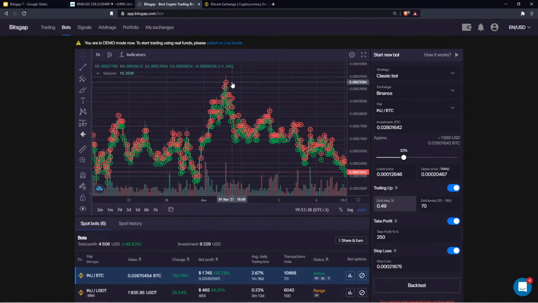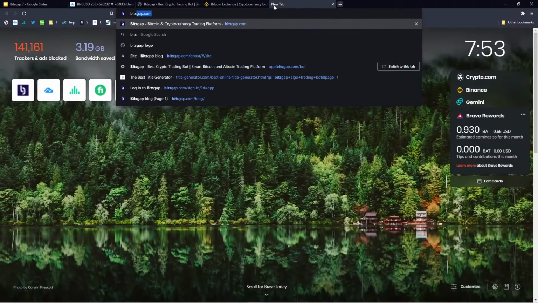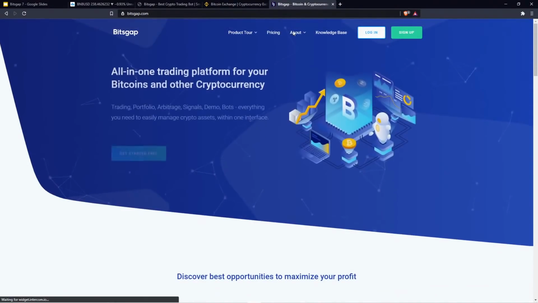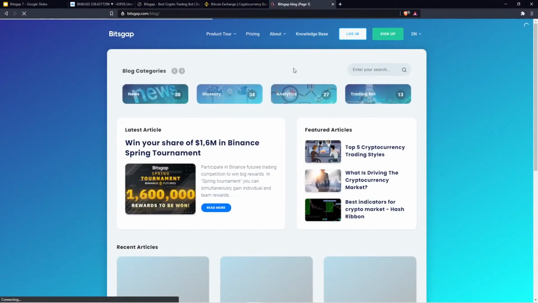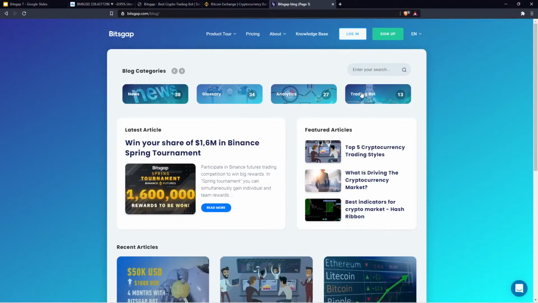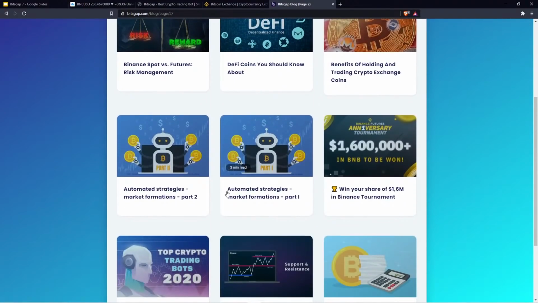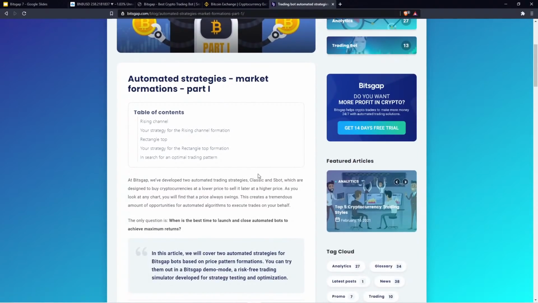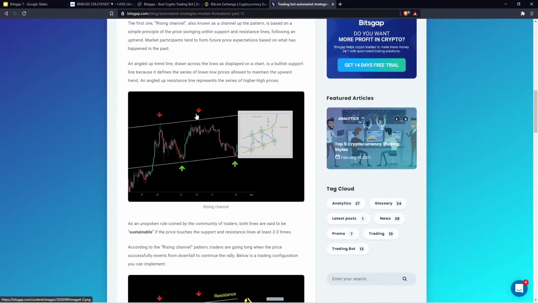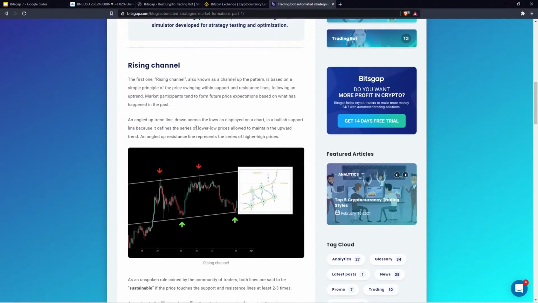And by the way, regarding the strategies that you can use, go to Bitsgap and open the block, and here you have automated strategies, part 1 and part 2. These are ready-made strategies that I made based on pattern formations that you can spot on the market.